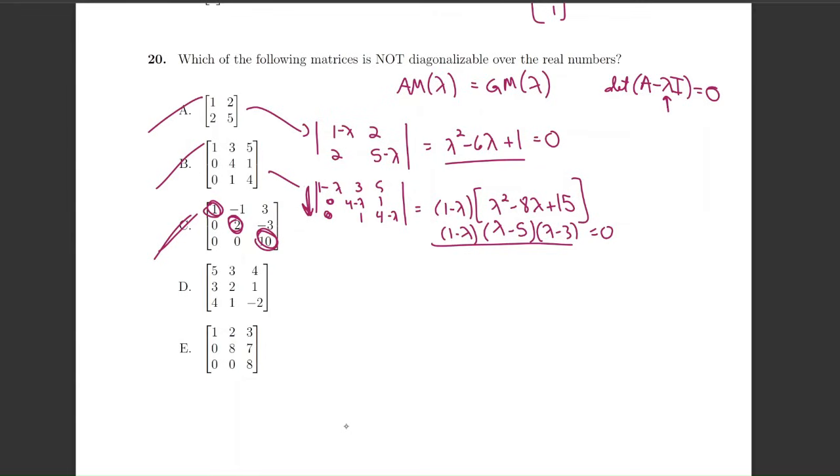And so for D, we have this kind of ugly matrix here. I guess we can do this one. So 5 minus lambda. Maybe this is just an exercise in determinants.